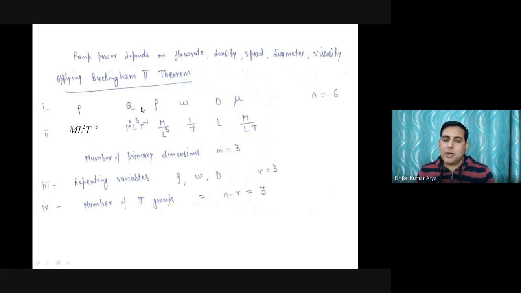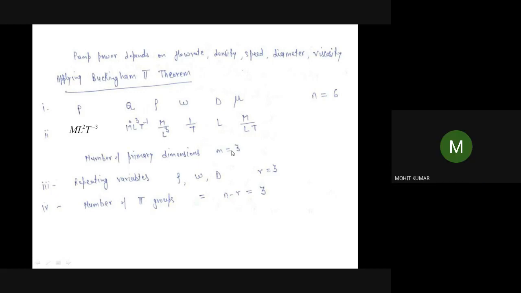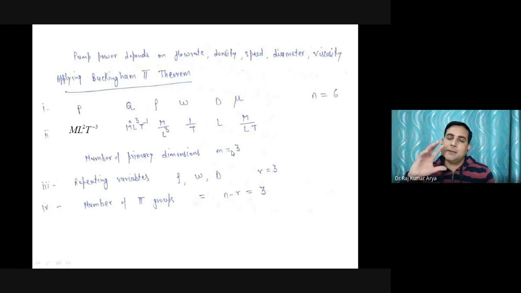Now you count how many primary dimensions are involved here. So you have here mass, you have here length, you have here T. So primary dimensions total are 3 here. Now the repeating variables, we have the guidelines. What are the guidelines? Rho, V, omega, or D or L. Let's see, we have all of them here or not.